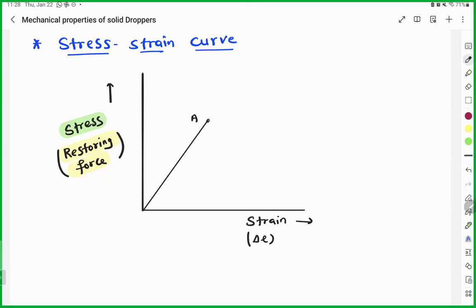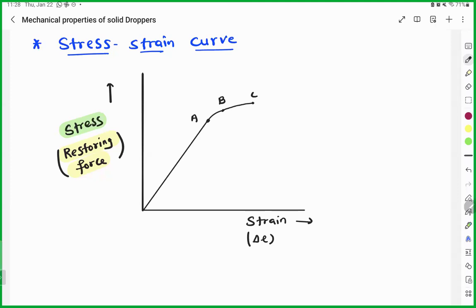Even if you slightly increase the length up to B also, the body will come to the original position. Up to B, Hooke's law is followed. After that, when you go from B to C, the curve becomes almost flat, not exactly, but almost flat.